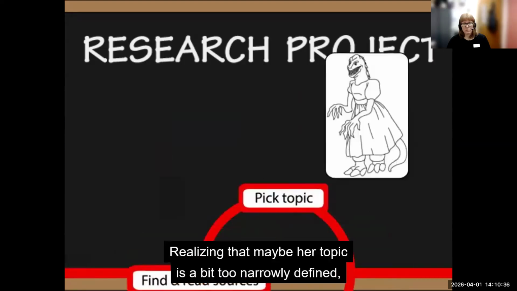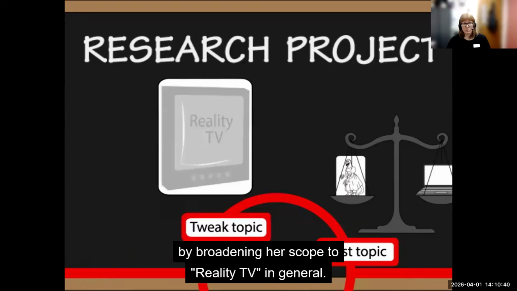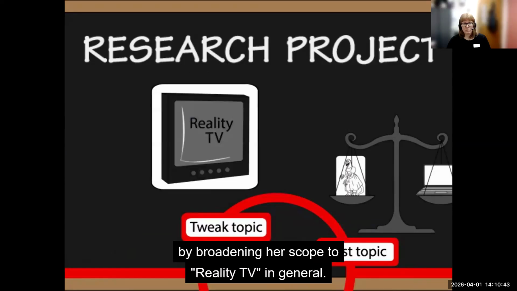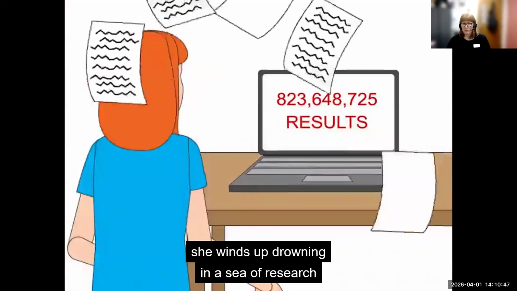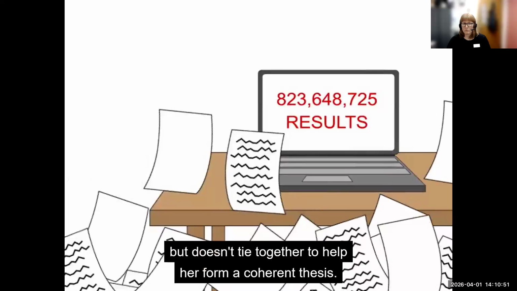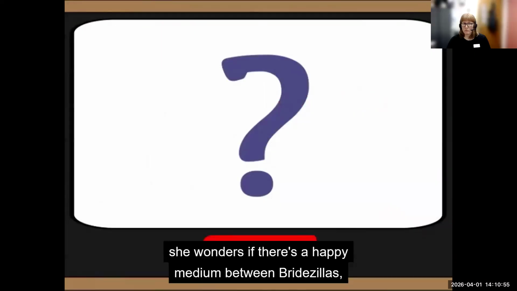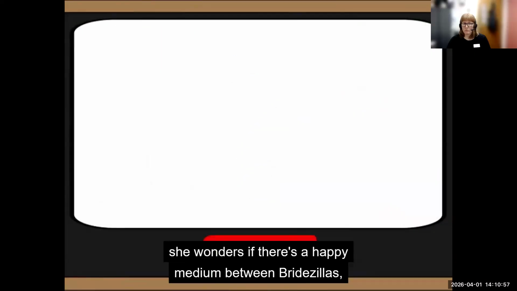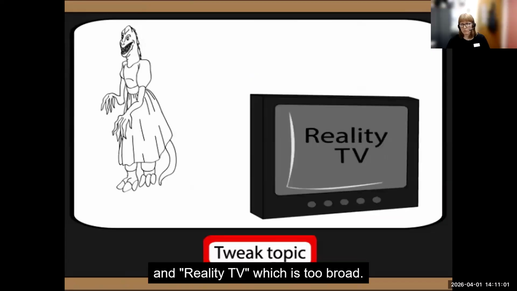Realizing that maybe her topic is a bit too narrowly defined, Jenny decides to tweak it by broadening her scope to reality TV in general. But when she tests this new topic, she winds up drowning in a sea of research, all of which has to do with reality TV, but doesn't tie together to help her form a coherent thesis. Back at the drawing board, she wonders if there's a happy medium between Bridezillas, which is too narrow a topic, and reality TV, which is too broad.